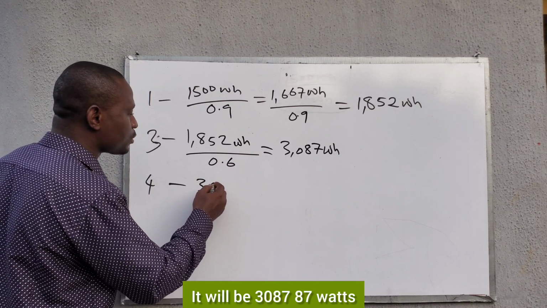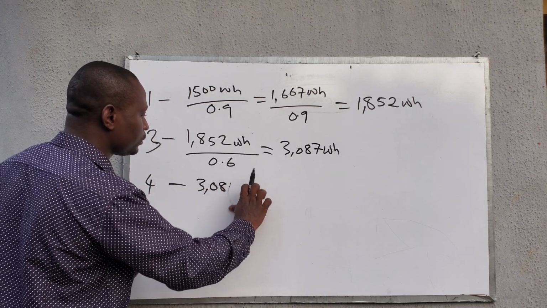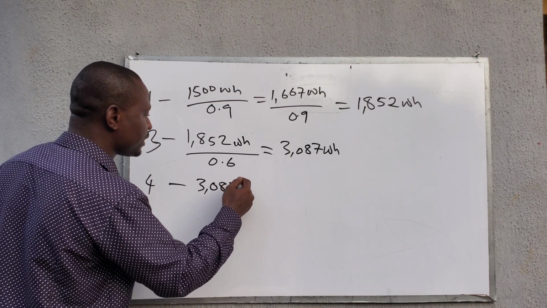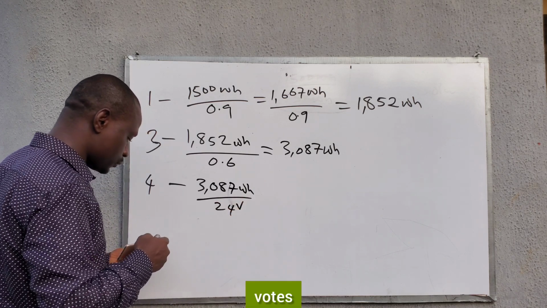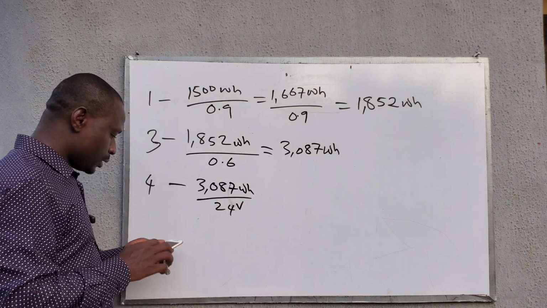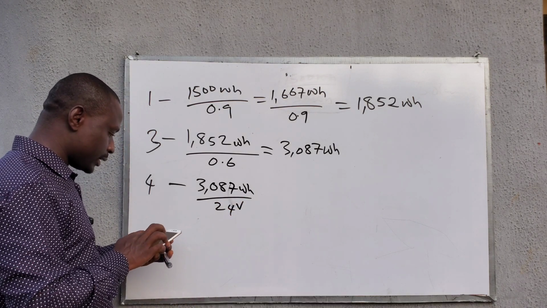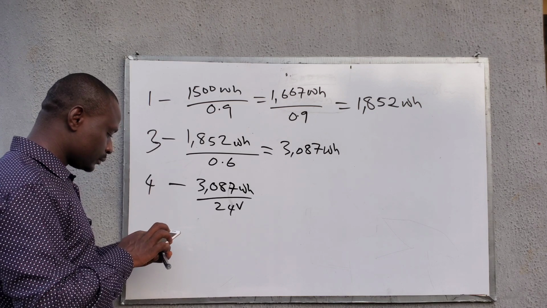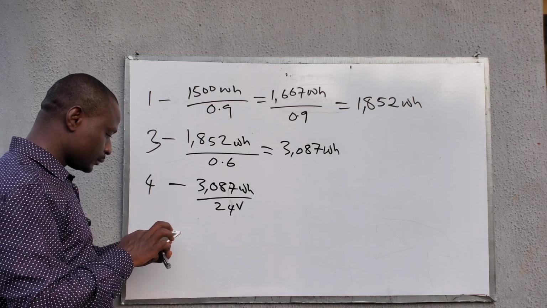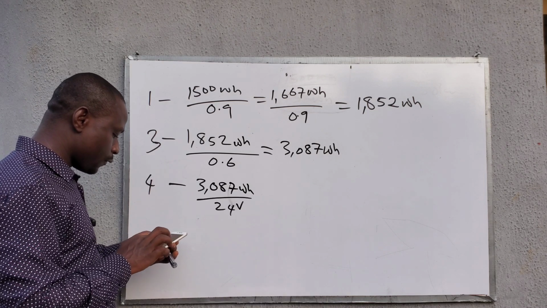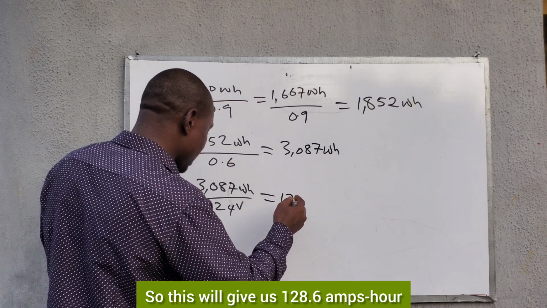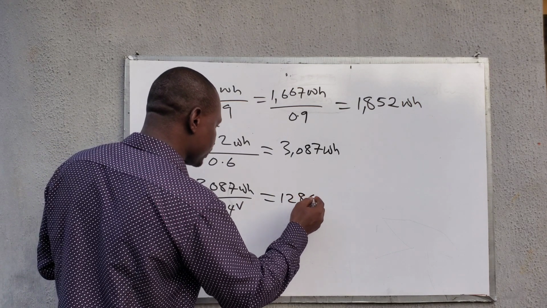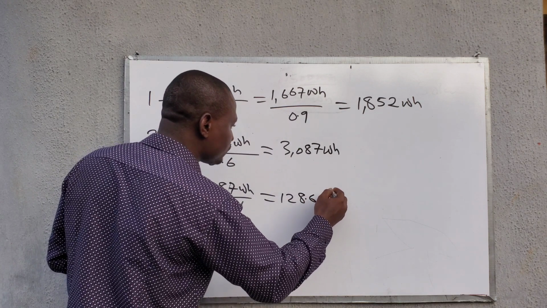It will be 3,087 watt hour divided by 24 volts. So this will be 3,087 divided by 24. This will give us 128.6 amps hour.